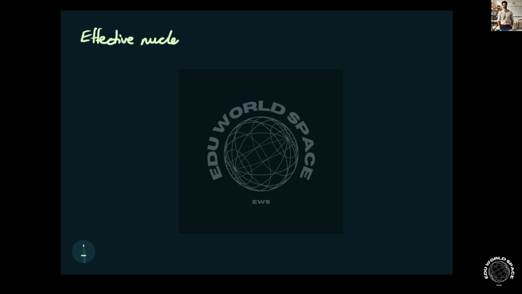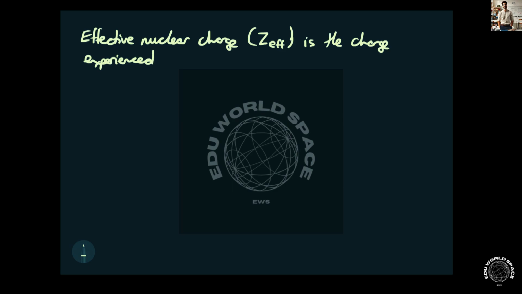So the effective nuclear charge, which is Z effective, is the charge experienced by the outermost shell by the nucleus.